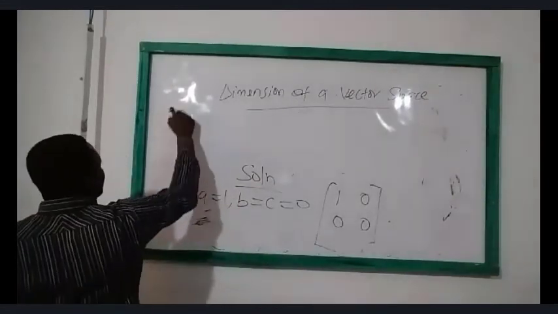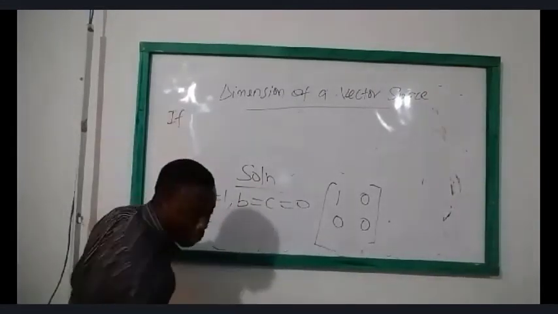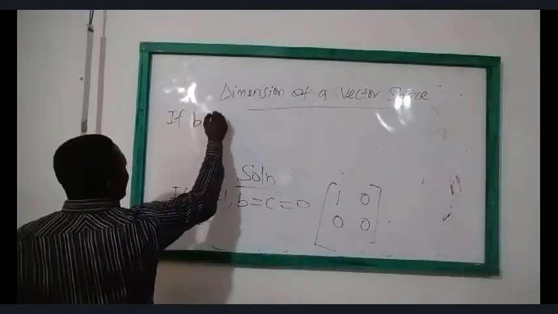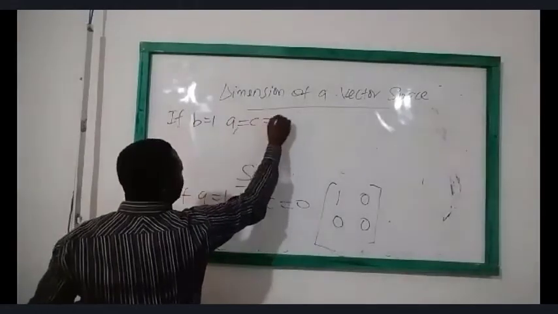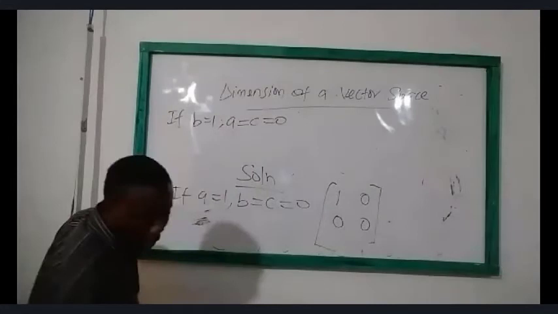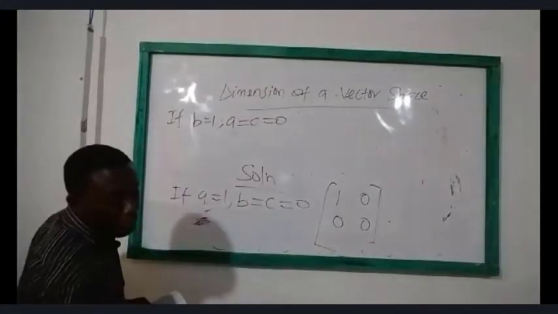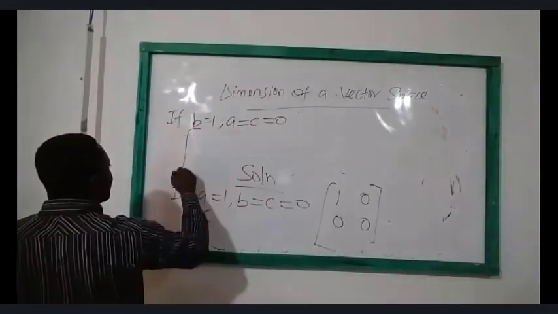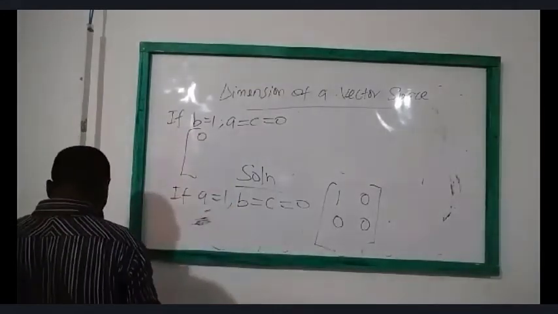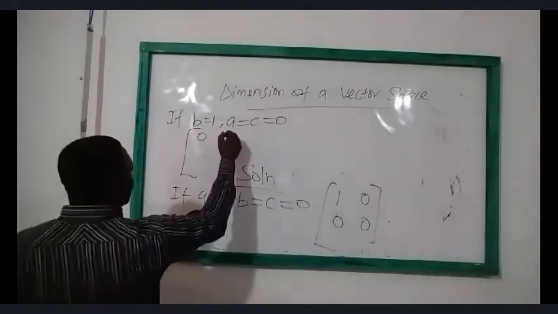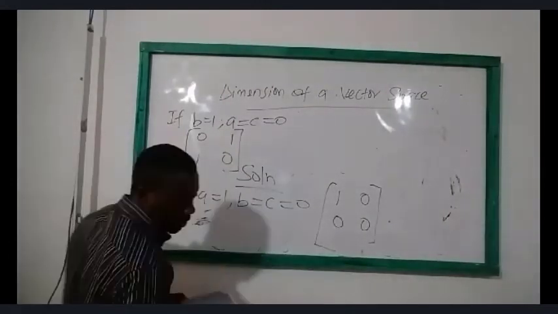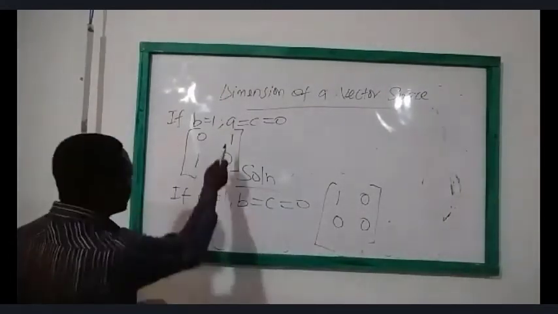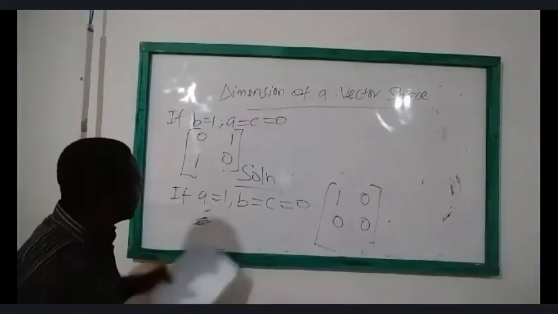So if we also make B to be 1 and then A equals C equals 0, it's going to form 0, 1, 1, 0. You see, if we also make B to be 1, it is an assumption.